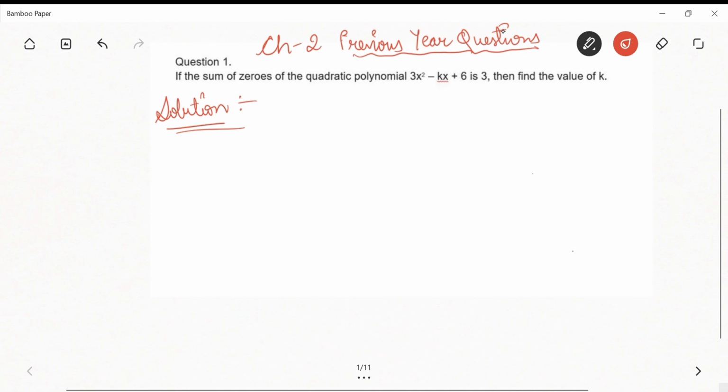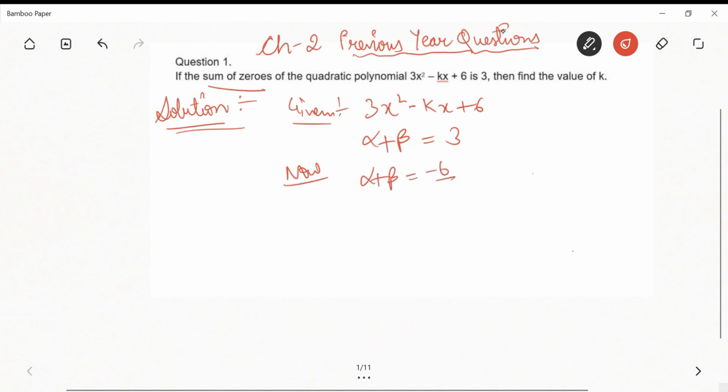So see, in this question, what is given to us? Quadratic equation is given to us, that is 3x square minus kx plus 6. And sum of the zeros, that means alpha plus beta, is given to you, that is 3. Now, we know that alpha plus beta is equal to minus b by a.